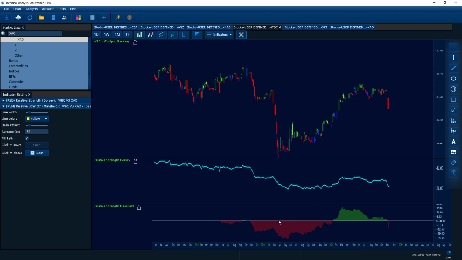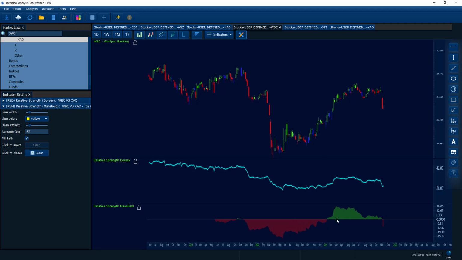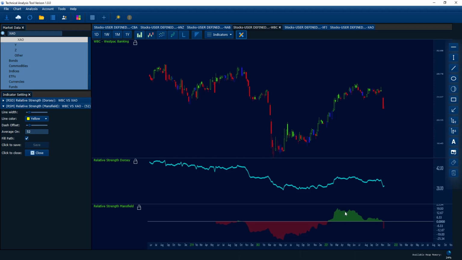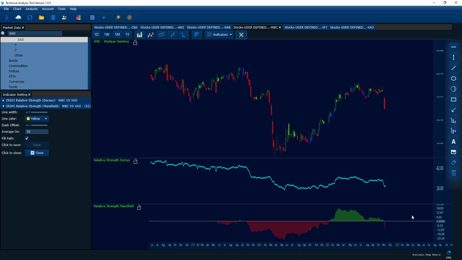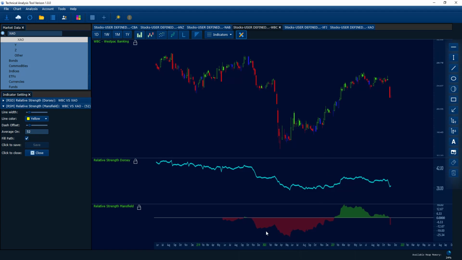You can apply all this kind of analysis on RSD. But with RSM, if the securities outperform the market, it will stay above the zero. The further its number is from the zero, the stronger your security is, outperforming the market by a lot, right? But if it's way below the zero, your shares are underperforming the market, very bearish. It's greatly underperforming the market.